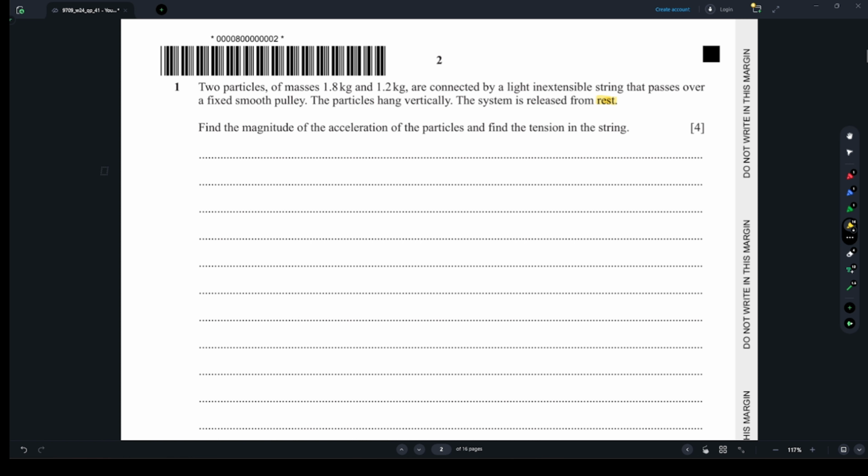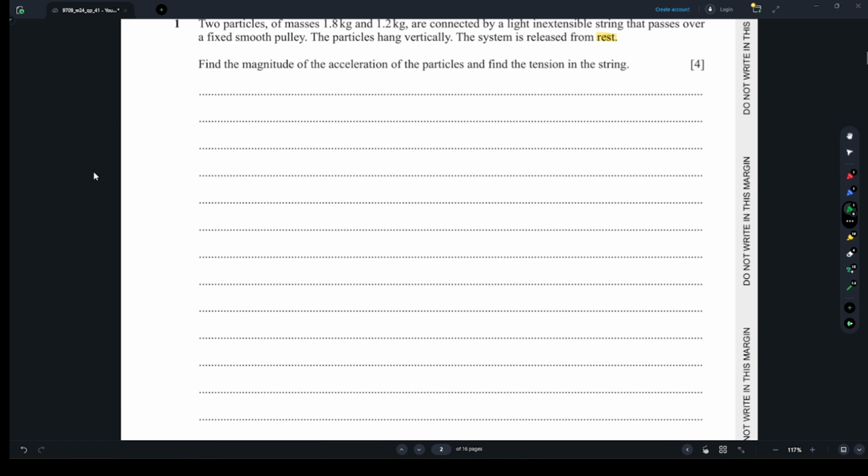They ask you to find the magnitude of the acceleration of the particles and the tension in the string. In general, I make a sketch for these scenarios.